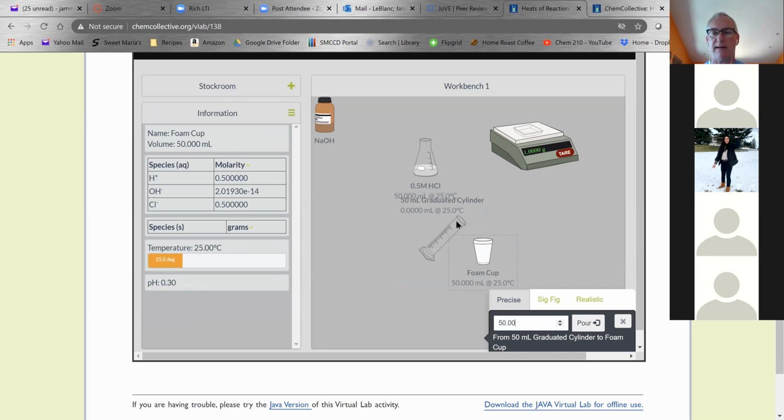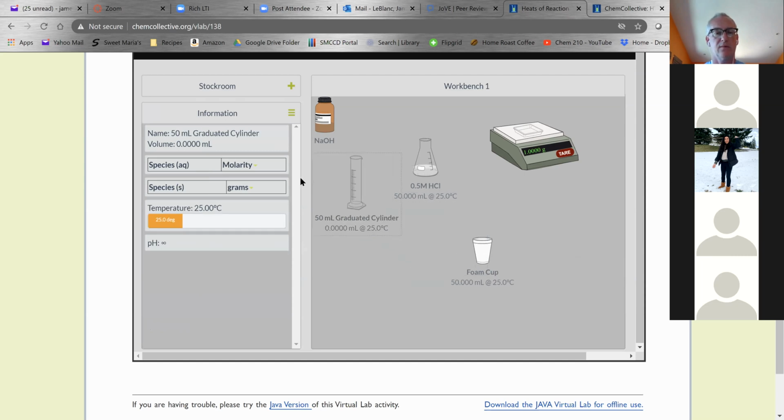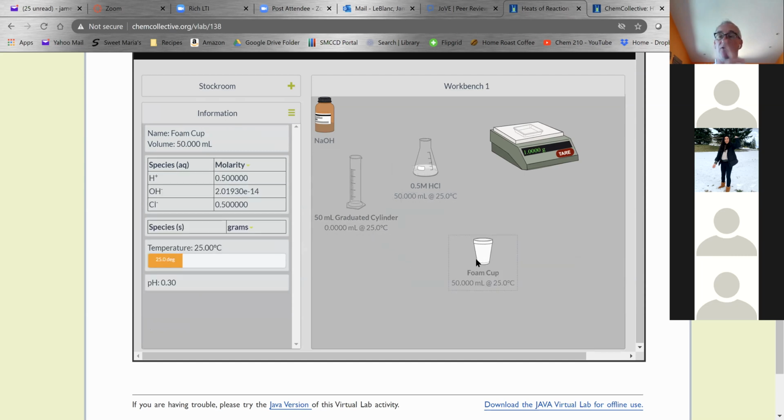Now look at what the concentration of H plus is. It's the same as the concentration of HCl, right? That tells us it's a strong acid, because that tells us that with the HCl, all of the H plus and the Cl minus have ionized. So whatever the concentration of acid is, that's going to be the concentration of the H plus. And that's basically how we determine whether something's a strong acid or a weak acid.